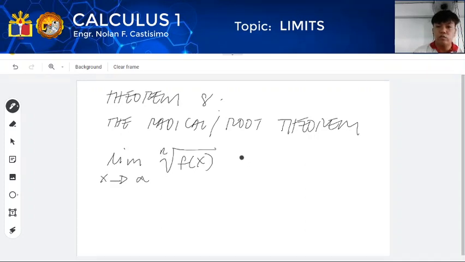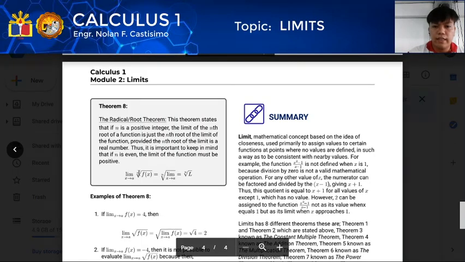Is equivalent to the limit of f of x as x approaches a. Medyo may kulang sa module natin.